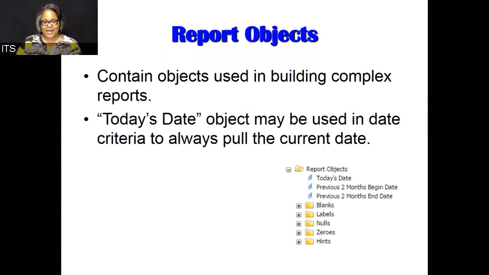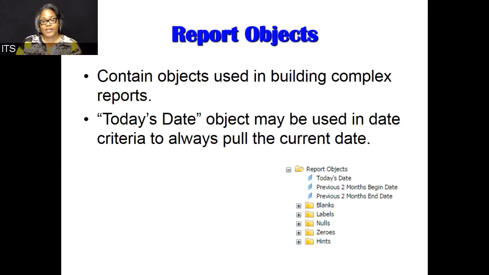And lastly, we have the report objects folder, which provides different fields that are helpful in building more complex reports. One of the fields that I do want to bring to your attention is called today's date. This is extremely helpful if you're writing a query and you know you're going to run it more than once, or you have it scheduled to run, and when you run it, you want to return results as of today's date.